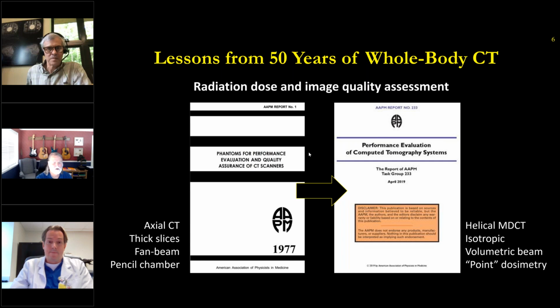So we have 50 states in the US, of course, and to go around and lobby the legislators in those 50 states to change as technology has advanced has been very difficult. So a little bit of the story of 50 years of whole body CT is the standards came out a long time ago. The technology has advanced, but the regulations really haven't advanced to address the new technology. We sit at the threshold of this new technology of CBCT, which is sort of exciting for me at least. Next, please.